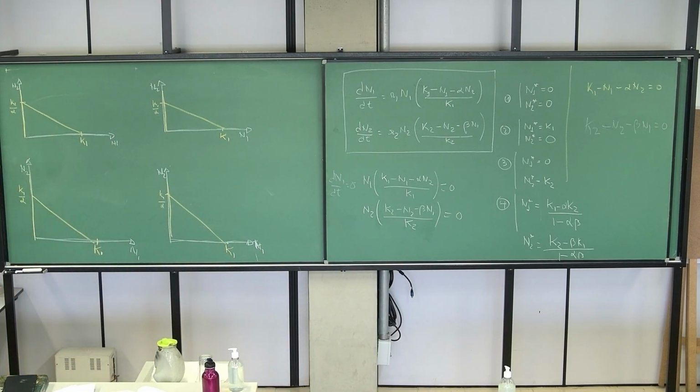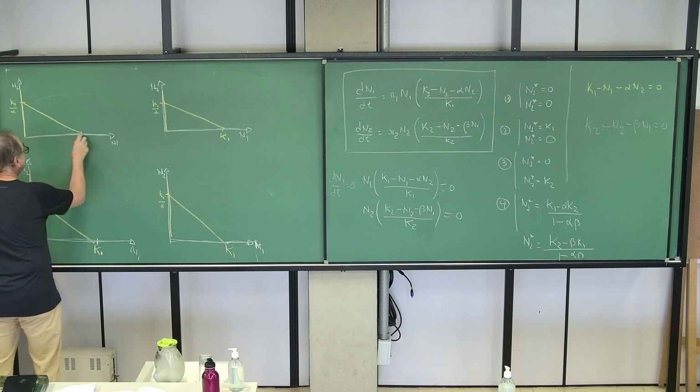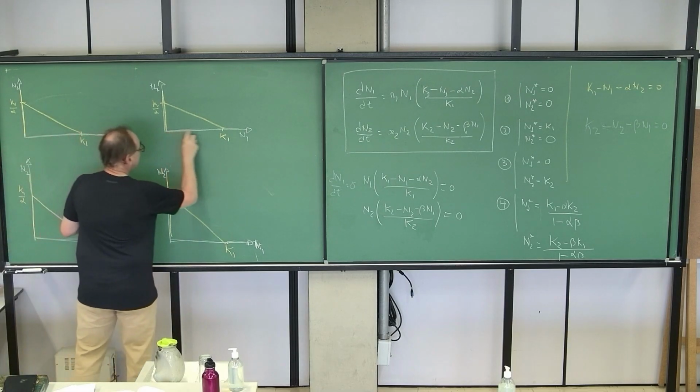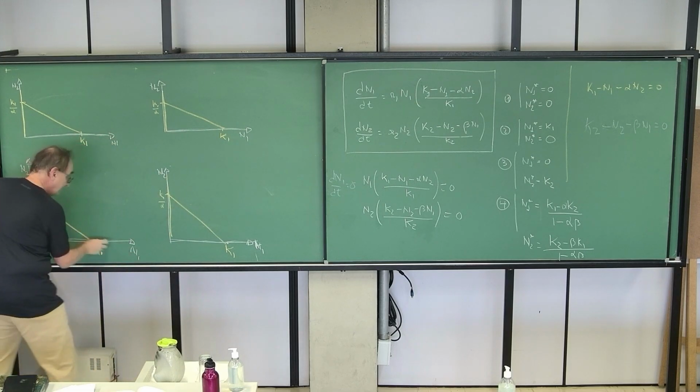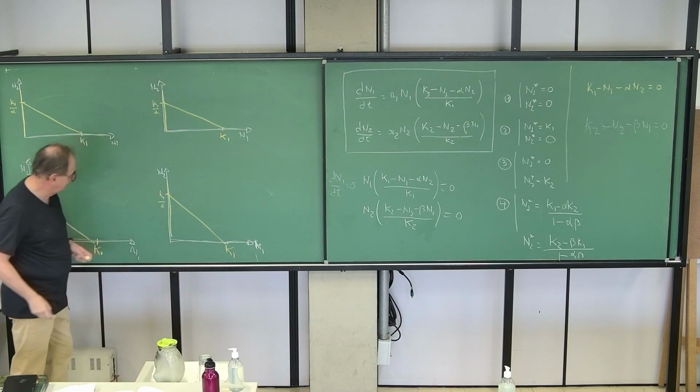So I will do the same exercise. And then the fixed points of the system of equations will be the crossing of the lines. So here you already see one crossing. This is this one.